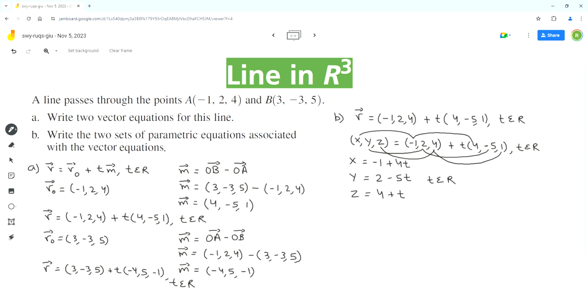Now we can do the same for the second vector equation. Now we can use the point x, y, z for the position vector of unknown point on the line.